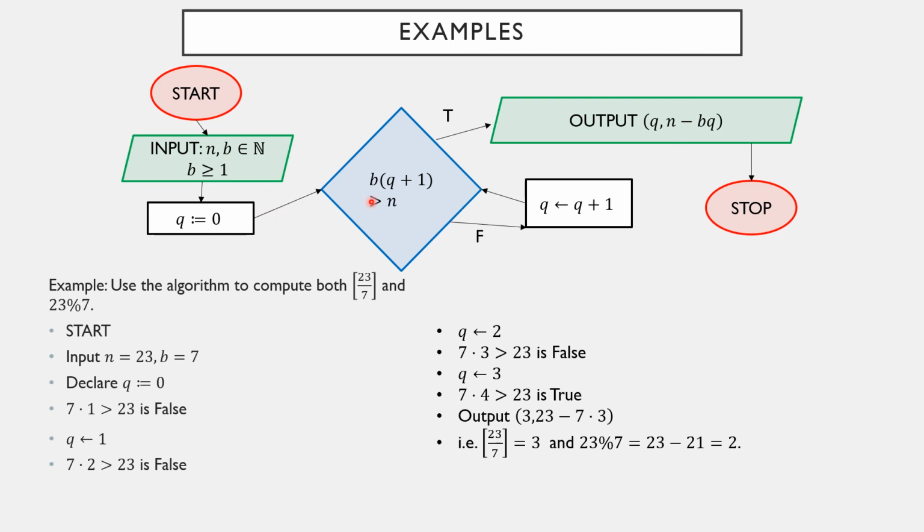Okay, this is only checking multiples of b, and you keep increasing what multiple of b you're checking until you finally pass the value you're interested in. Once you do, you have a multiple that's too large. So b times q plus 1 is actually bigger than n. So b times q would have been the previous multiple that wasn't bigger than n. So that's your desired quotient, and then n minus bq is always going to be r.